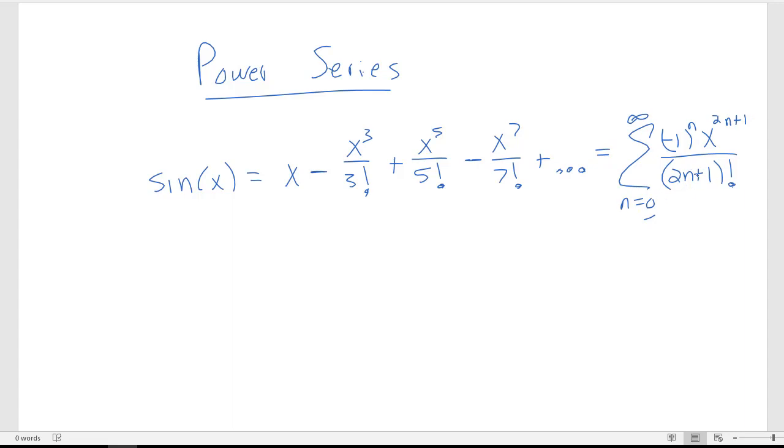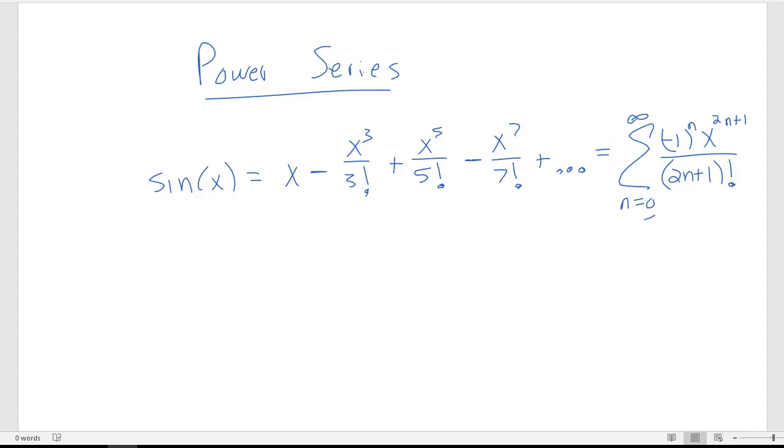If I plug in n equals 1, I get negative 1 to the 1, which is negative, so the next term is negative, with a 3 as an exponent and a 3 factorial. So 2n plus 1 represents all of the odd numbers when n is a positive integer, and 2n represents all of the even numbers.